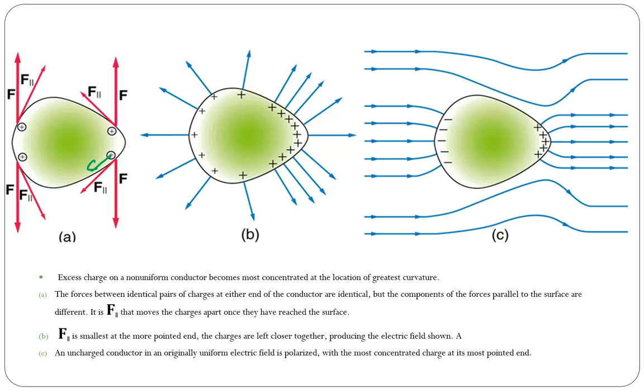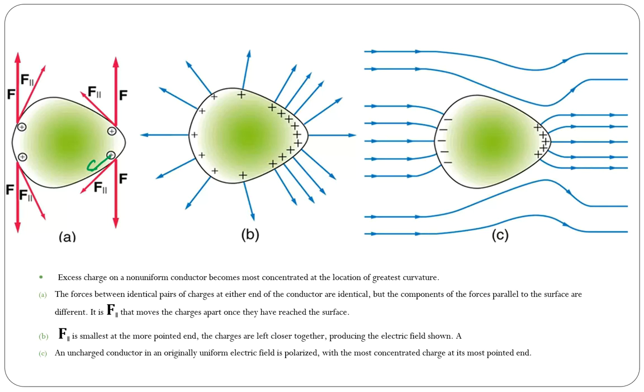If it's a positive charge and the electric field is pointing down, since the force is electric field multiplied by charge, then the force is in the same direction as the electric field. Thank you. So that charge would move along the surface.